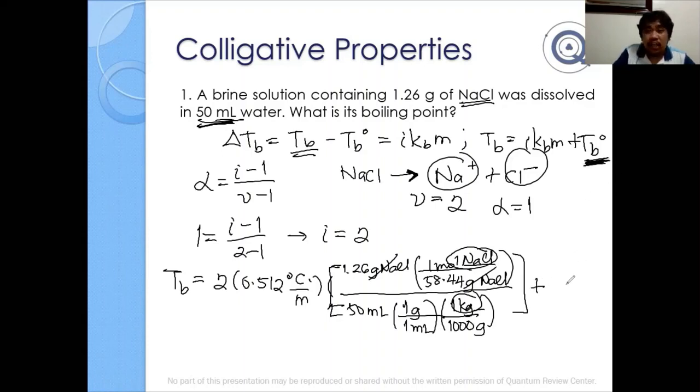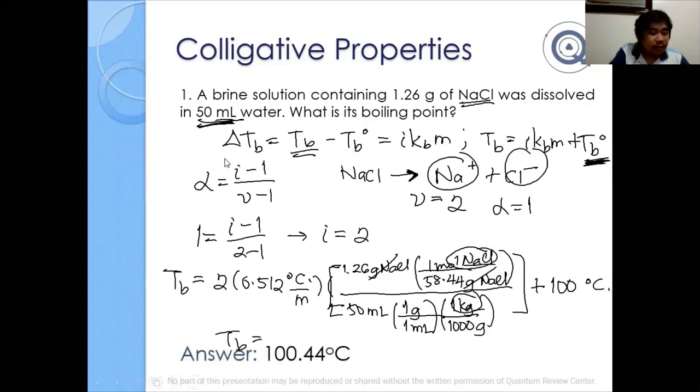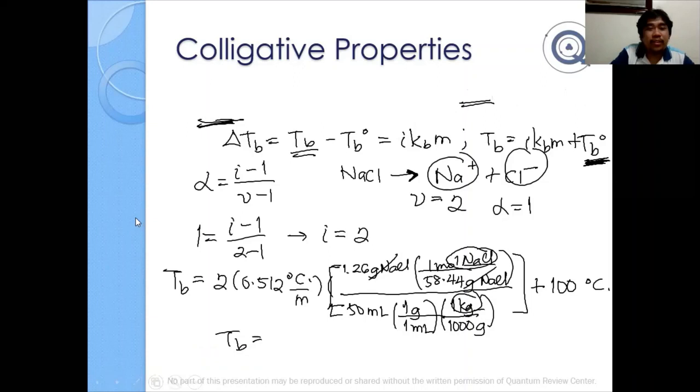Again, it's water, so you assume this is the normal boiling point, 100 degrees Celsius. So we add, and your Tb will be equal to 100.44 degrees Celsius. I hope you have the same answer as mine. So 100.44.